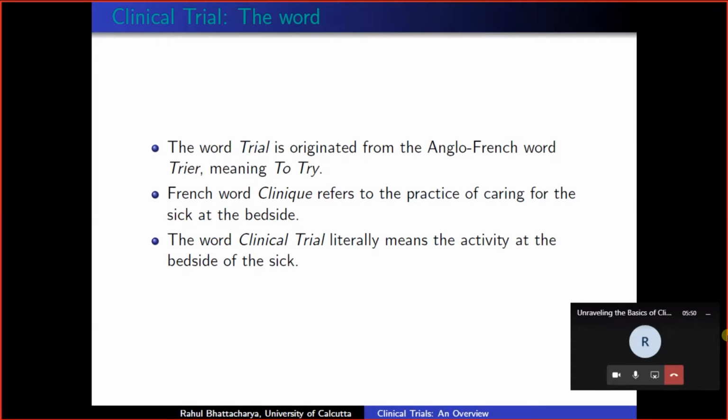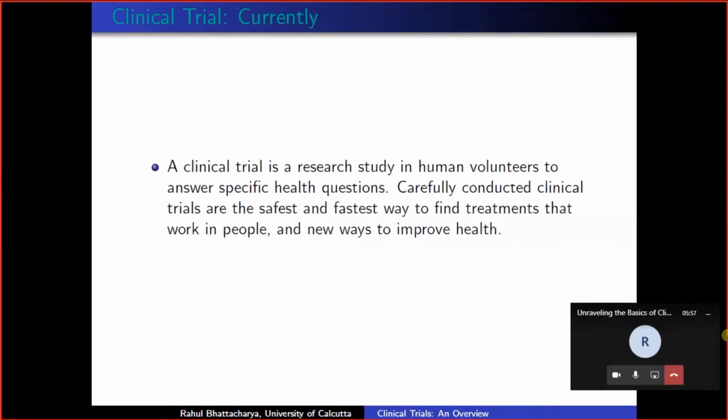Taken together, clinical trial literally means the activity at the bedside of the sick. However, this definition is obsolete, and nowadays clinical trial has a new dimension and new definition.